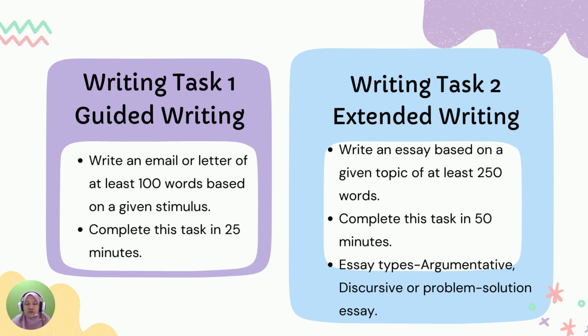For writing task 2, extended writing, you have to write an essay based on a given topic of at least 250 words. You are advised to complete this task in 50 minutes. For the essay types, it could be argumentative, discursive, or problem solution essay.